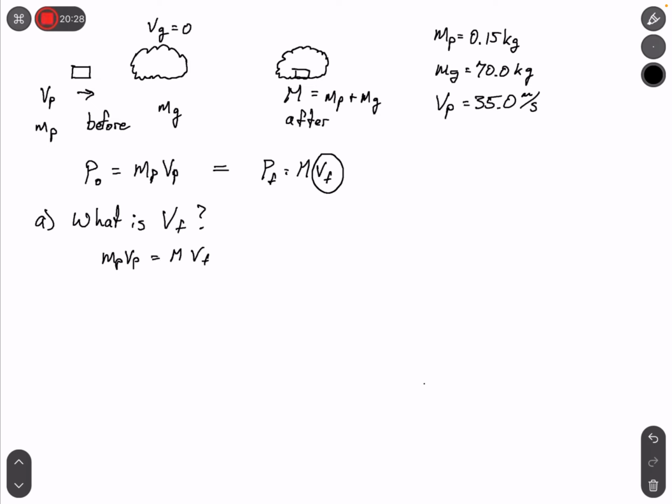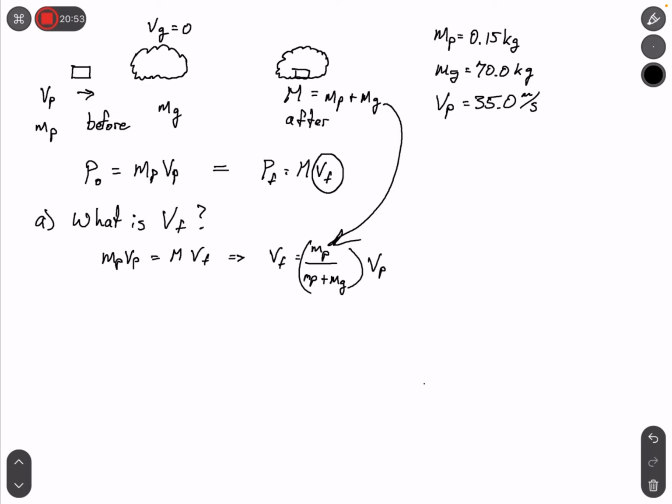With a little algebra, V final is equal to the mass of the puck divided by the mass of the puck plus the mass of the goalie, times the velocity of the puck.